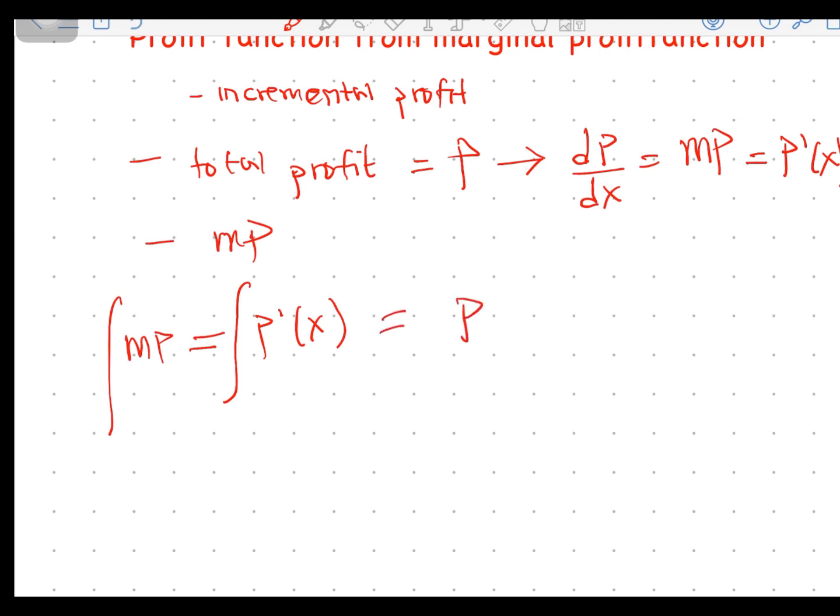That is similar to what we did in marginal cost. By analyzing your marginal profits, you will be able to make informed decisions regarding pricing, product level, and also resource allocation.